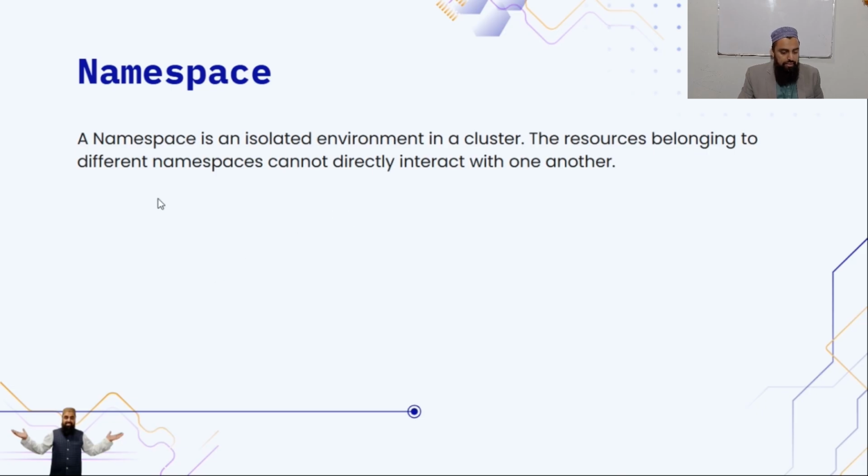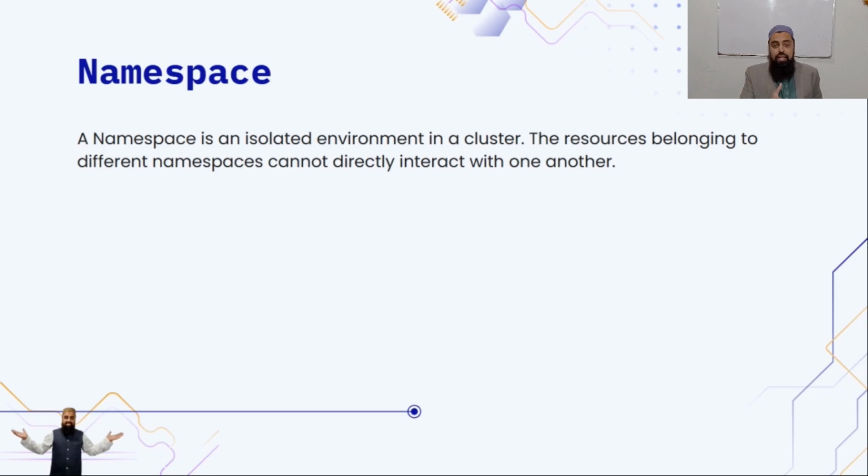And a Kubernetes namespace is an isolated environment in a cluster. The resources belonging to different namespaces cannot directly interact with one another. So we will have different namespaces. For instance, if I want to host my applications using Kubernetes, I can create a separate namespace for my website data.